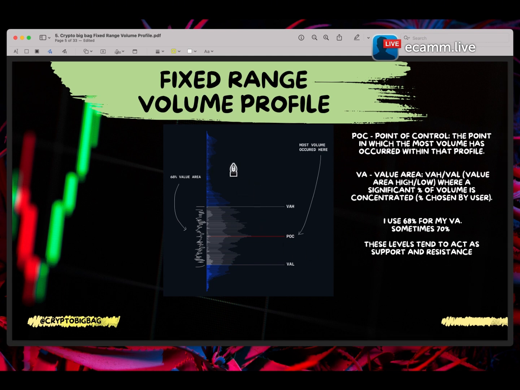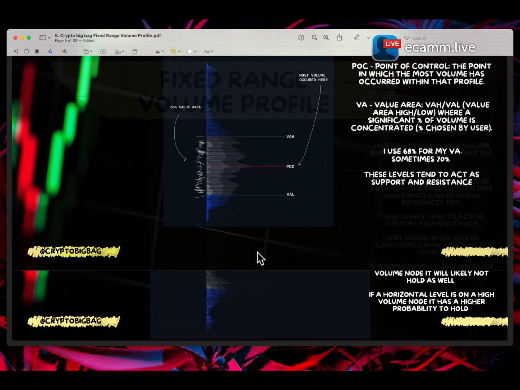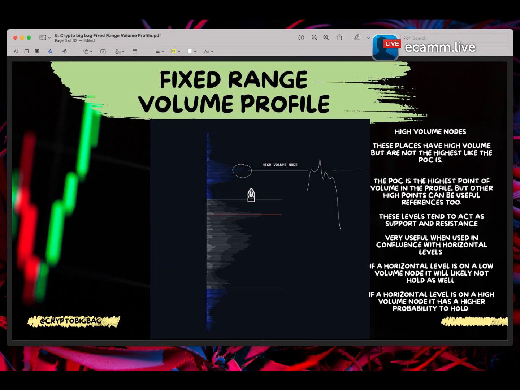And other levels you can get is the high volume node, where there is a significant transaction, but not as much as the point of control. You understand? So now, the high volume node, I've just explained it. It's on this slide.